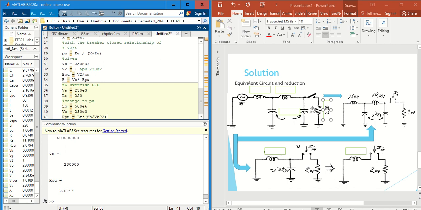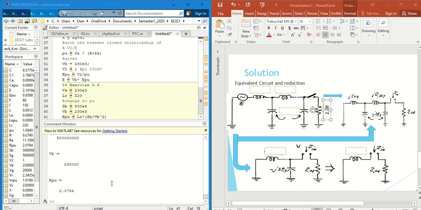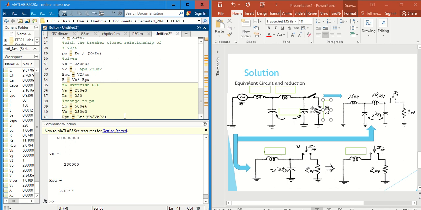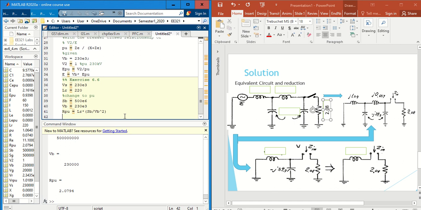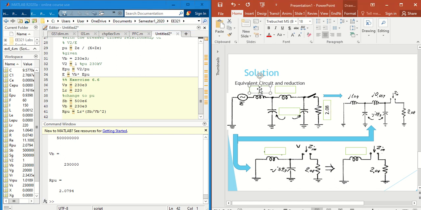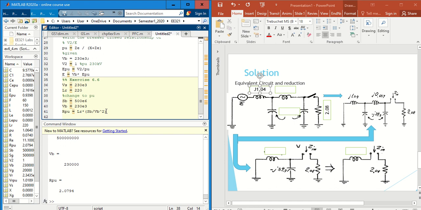Now let's move on to the other components. Other components we already have defined, so we can just write it down. Don't have to compute it again. So this was J 1.04. So let's compute the others.